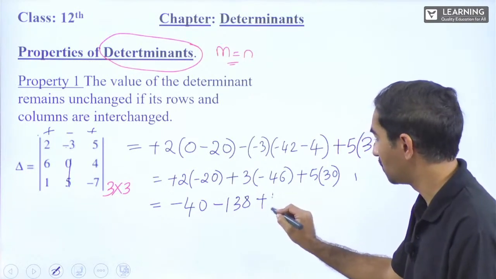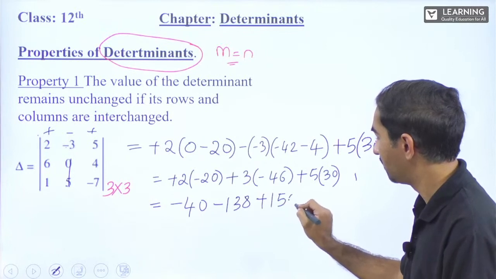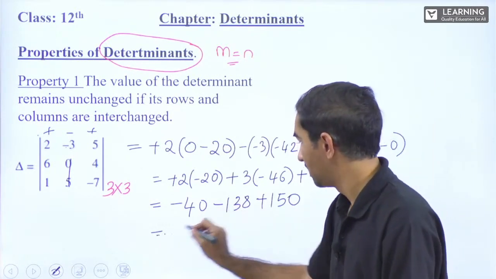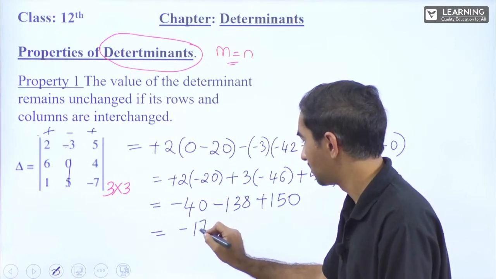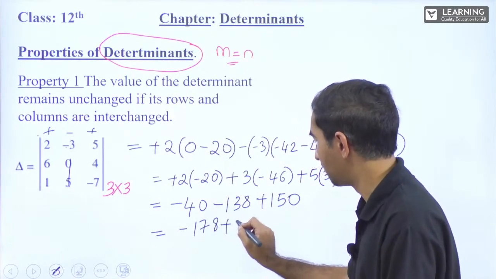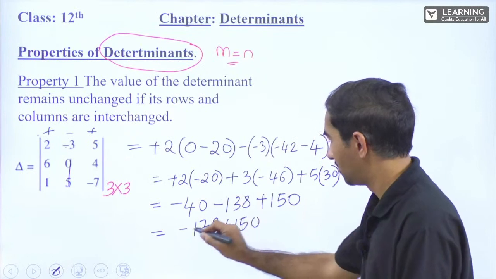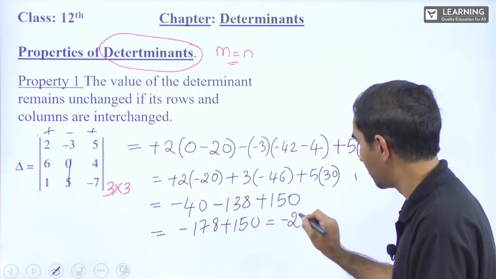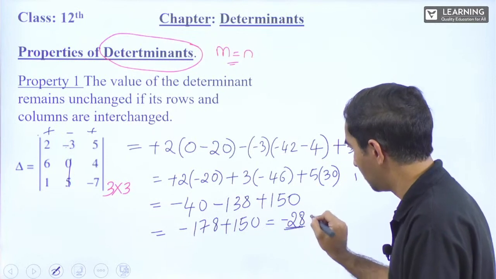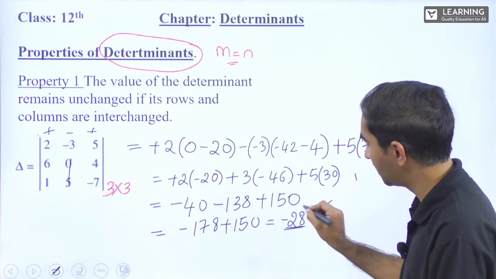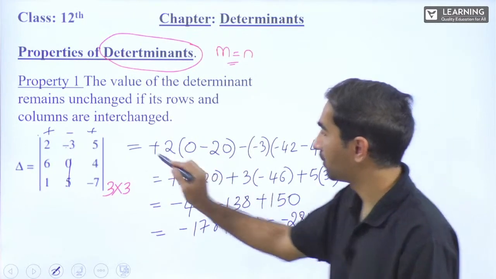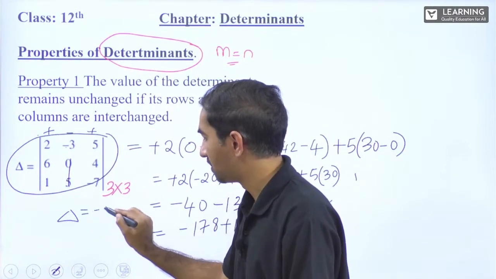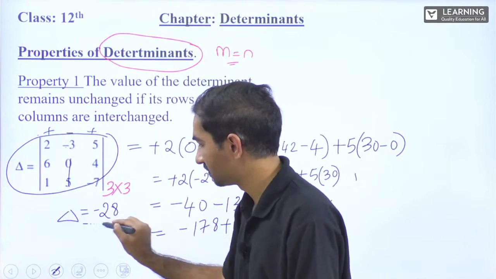So this would be equal to 150. Further simplifying this, we'll get minus 178 plus 150. Simplifying further, we get minus 28. This is the value of the determinant. So we can write delta is equal to minus 28.